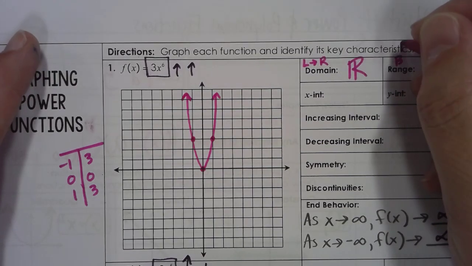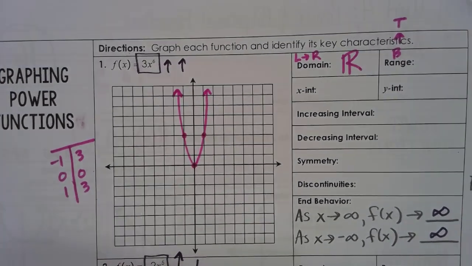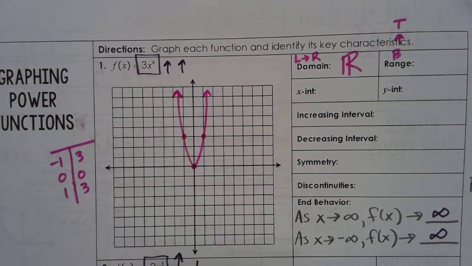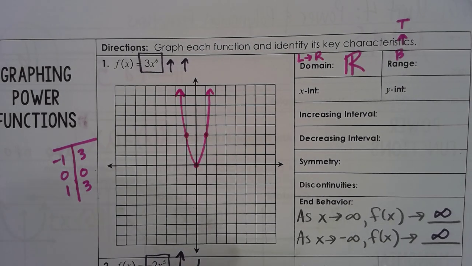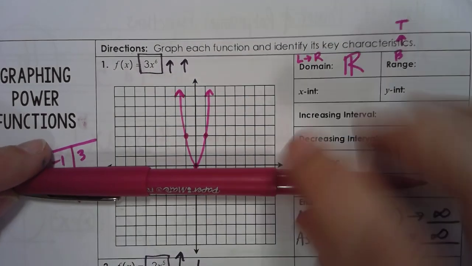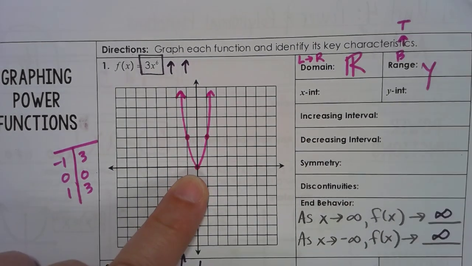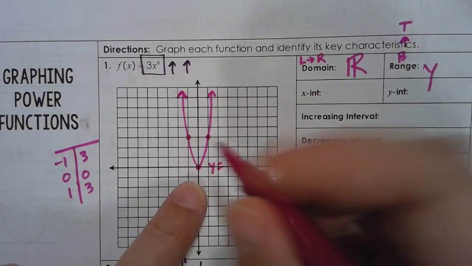Range goes from bottom up to the top. So if I start at the bottom of my graph and I go up, does that graph forever and ever go from the bottom of my graph to the top of my graph? No, it stops right here. It does not ever go lower than this point, right? So what is this y value? Where this dot is?